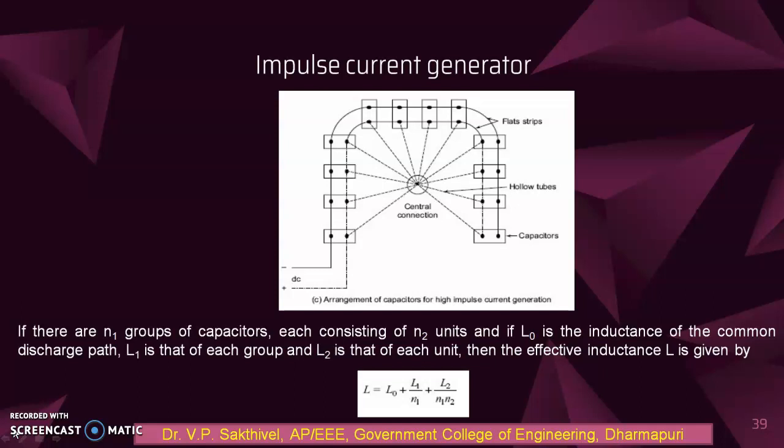Assume that there are N1 groups of capacitors, each group consisting of N2 units, and L0 is the inductance of the common discharge path and L1 is that of the group connection. Then finally you get the effective inductance L equal to L0 plus L1 by N1 plus L2 by N1 N2.